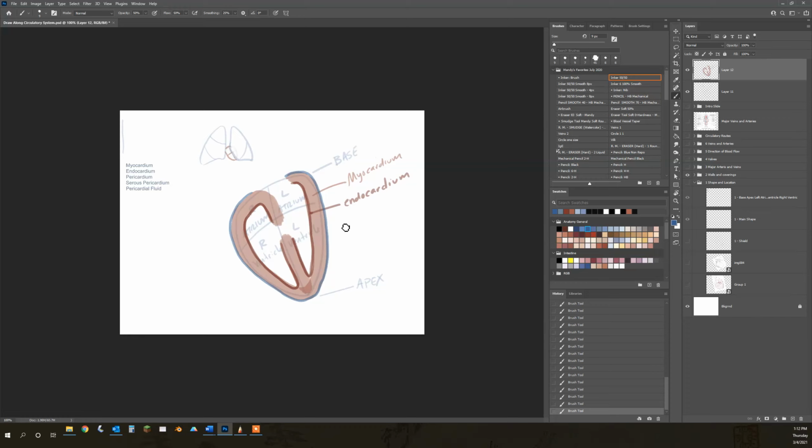This is the pericardium. And we're going to have another outside wall, kind of outside of this one, like a sac that the heart sits in.